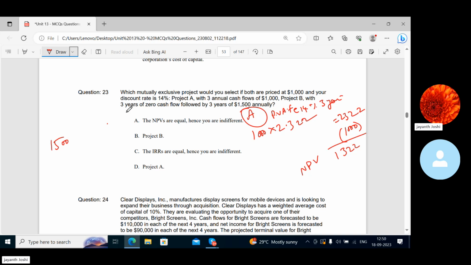So with 3 years of zero flow followed by 3 years of cash flow, you have to take the annuity factor for 6 years. What is the 6 years factor at 14%? Please tell me. 3.889. That is the present value annuity factor at 14% for 6 years minus the present value annuity factor at 14% for 3 years, right?